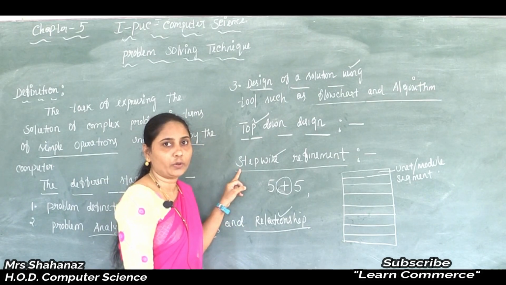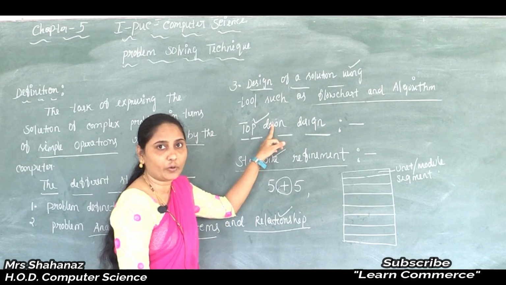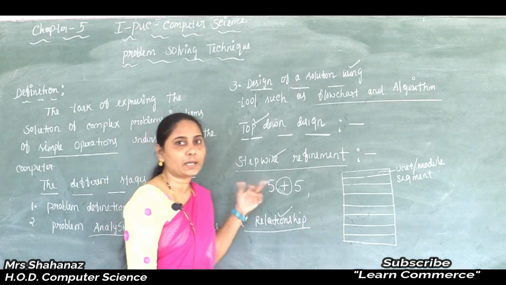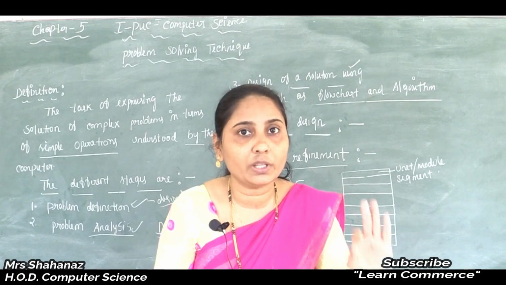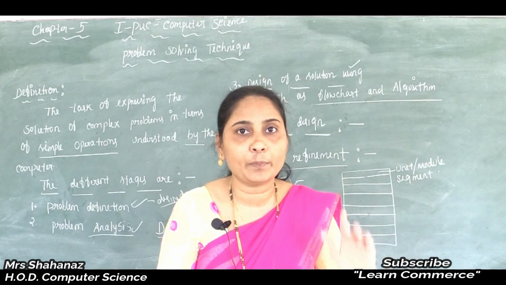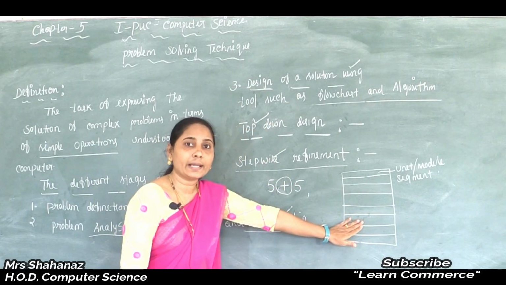So this method, top down design, we use while solving problems, and also the process of stepwise refinement, that means breaking down the problem at each stage, just to get the correct answer.